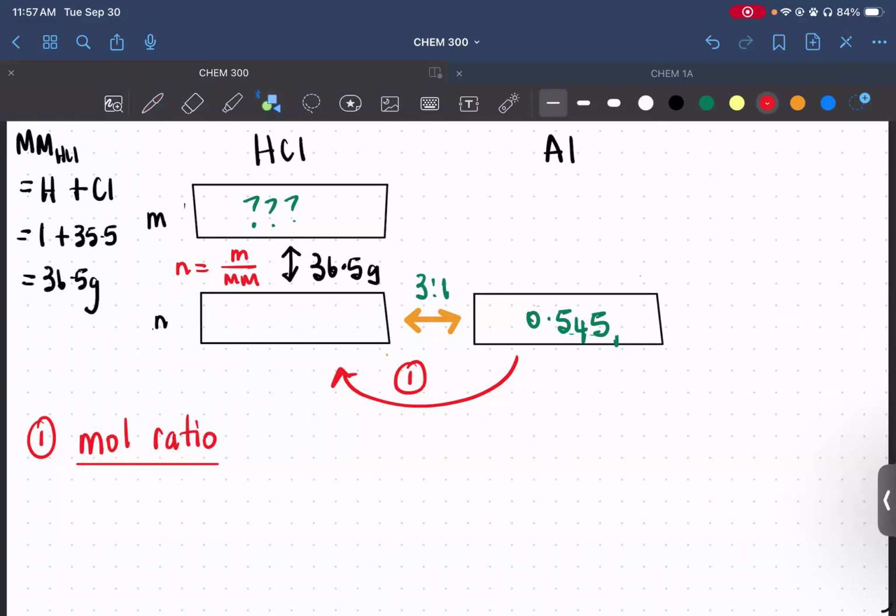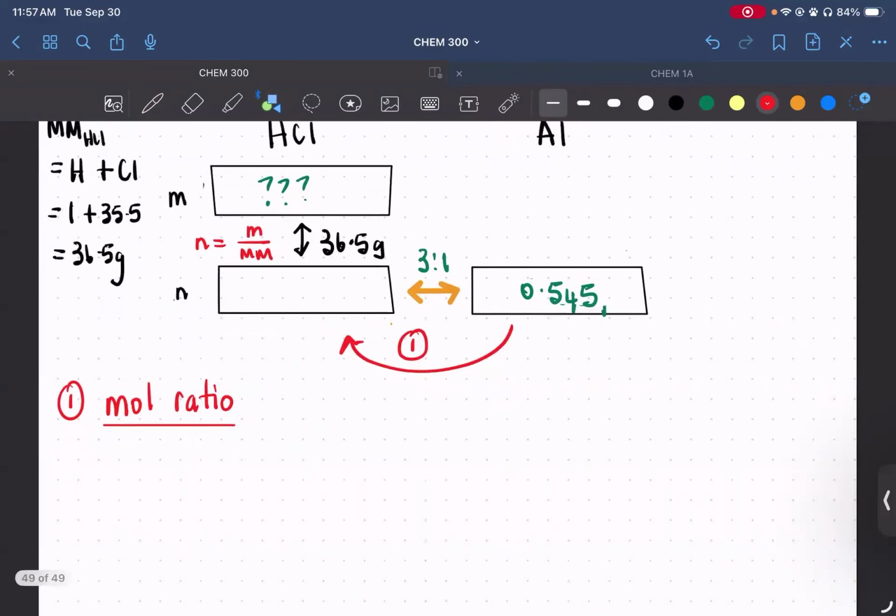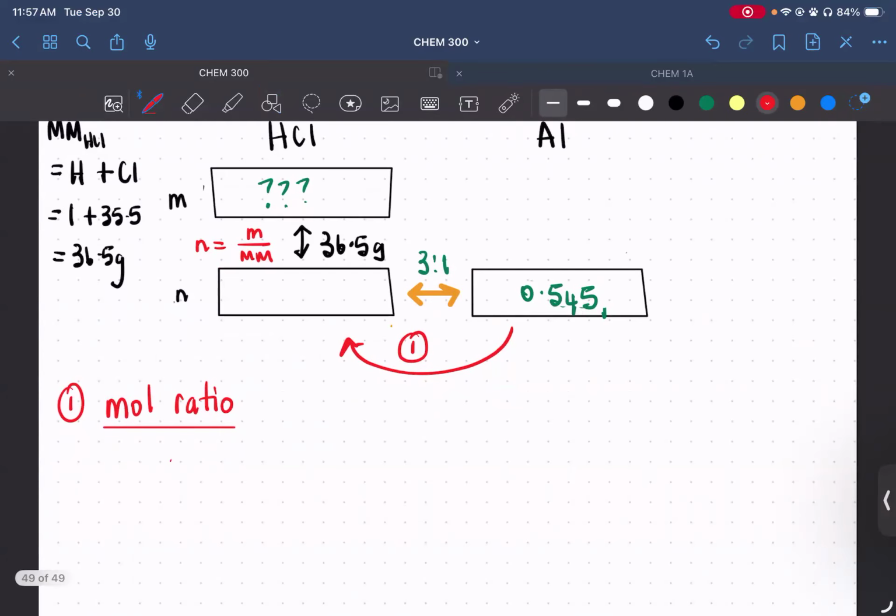Now, there is no explicit formula for mole ratio, so you do have to put in a little bit of math effort. Here's how it looks. We are comparing hydrogen chloride to aluminum. We know that the mole ratio between the two is 3:1. That is the bus pass we use. We know it for sure.